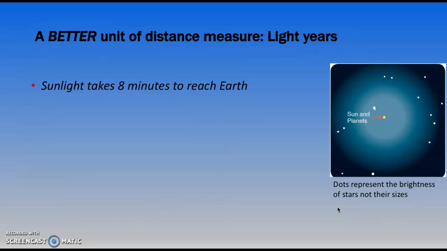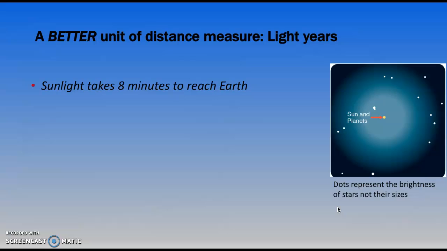Before we started working with scientific notation, we used to say, oh, it's 93 million miles to the sun. Well, now we can say that the sun is a fraction of a light year away. In fact, light from the sun takes 8 minutes to reach Earth.